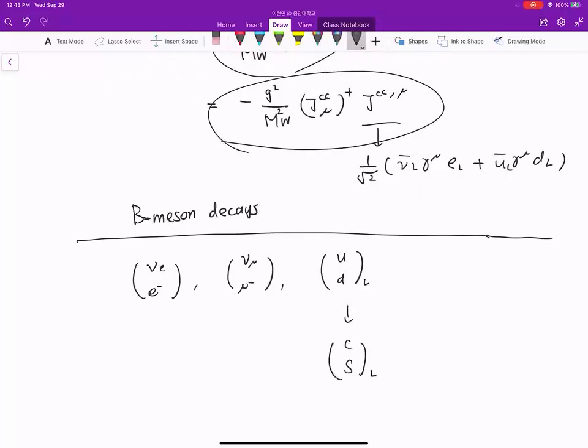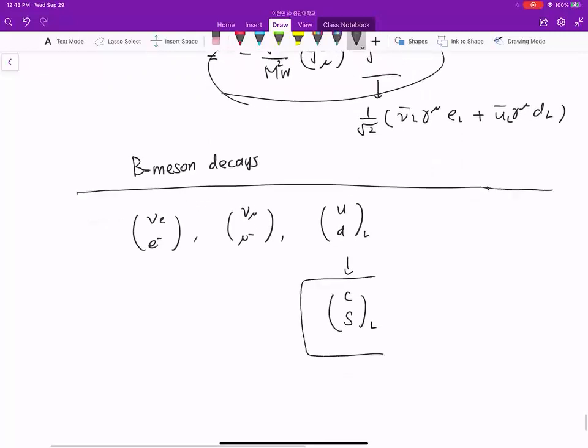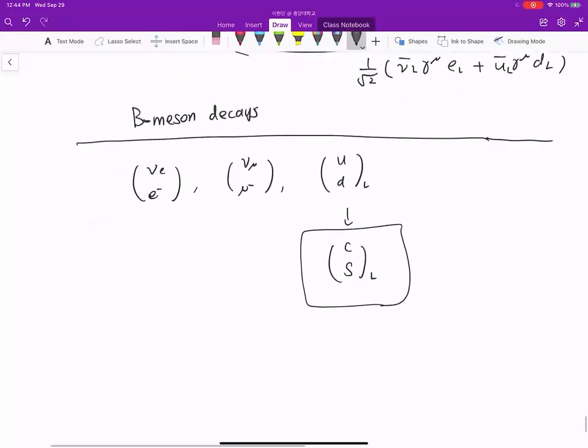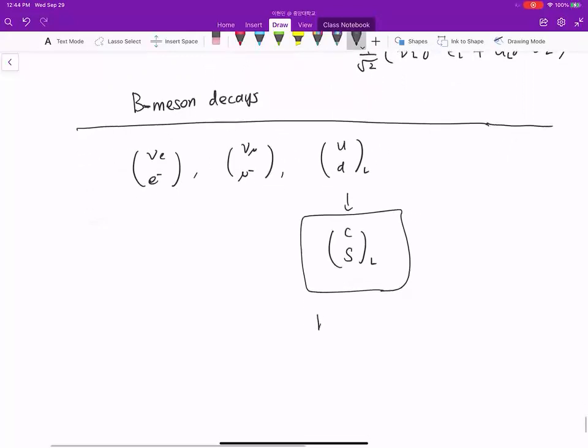At the time, we didn't know about the tau, but there is an important implication for the existence of an extra quark doublet, which was due to the decay mode of the K-ion. So we need an extra generation.